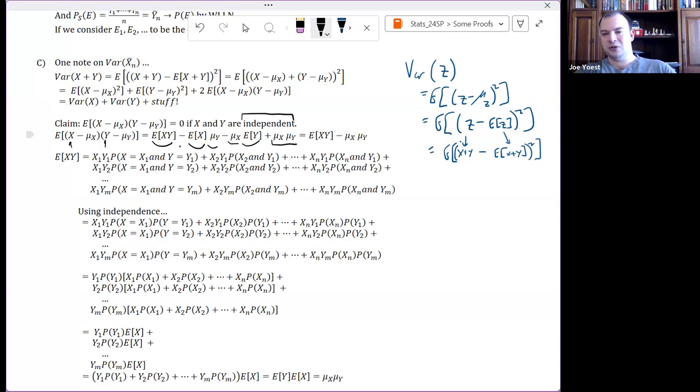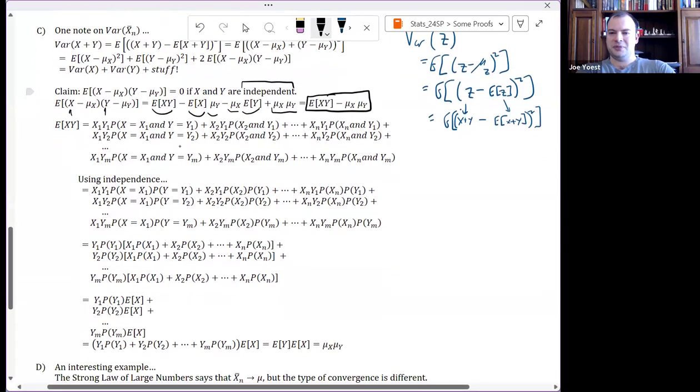So I have minus 2 mu x mu y plus 1 mu x mu y. I have the expected value of xy minus mu x mu y. This has very much that feel of the expected value of x squared minus the mean squared, which we recognize from the variance calculations in section 5.1.